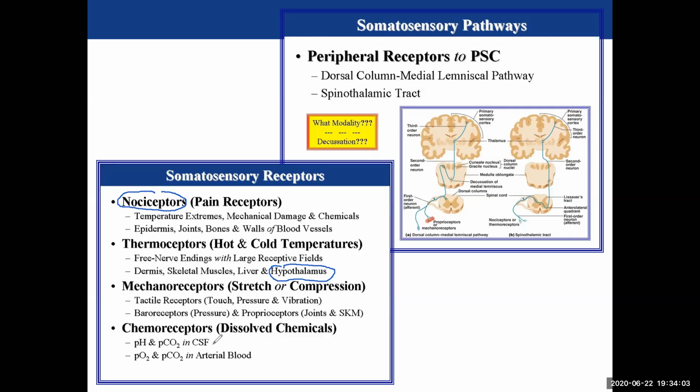Surprisingly, the central nervous system is much more sensitive to CO2 than oxygen, because CO2 is directly linked to proton concentration, pH, and pH fluctuation is deadly in the body, so it's maintained vigorously.